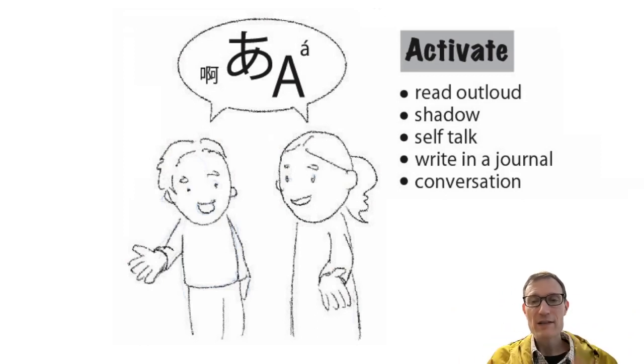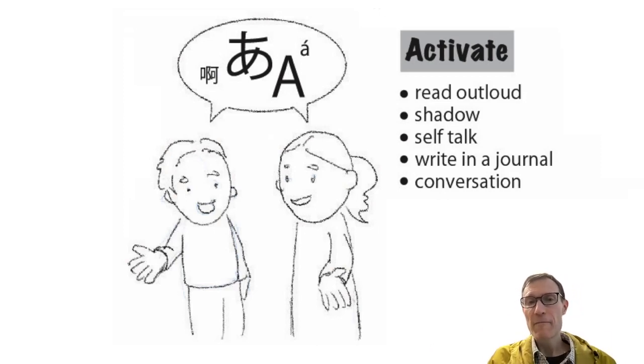This trains the same kind of thing as reading out loud. It's going to help you pronounce the language, develop the ability to do that. But also, it's going to give you a fluency, or the ability to produce the language quickly enough to be able to use it in real time.